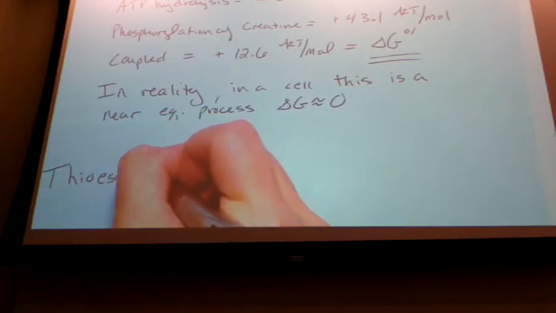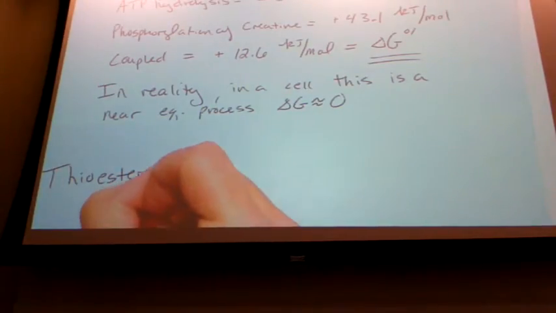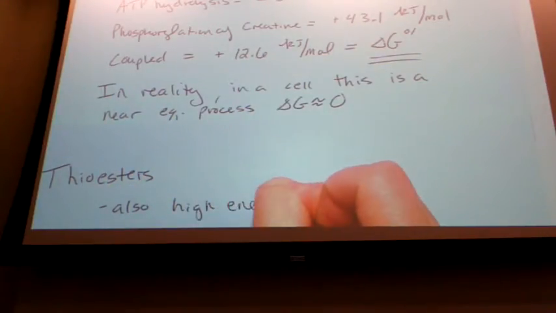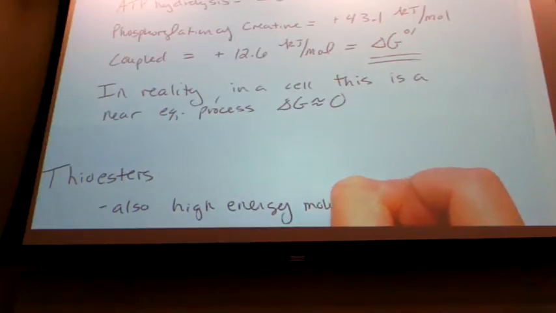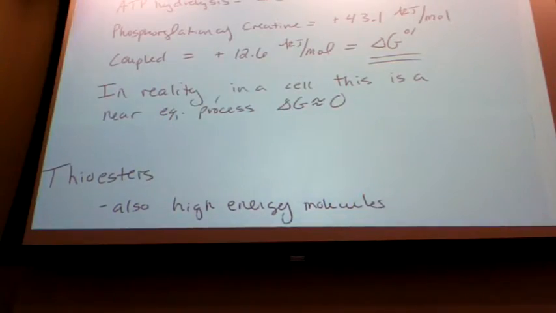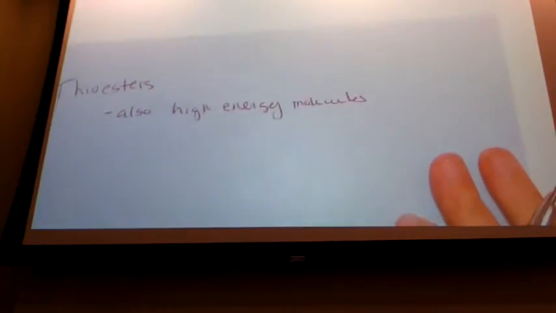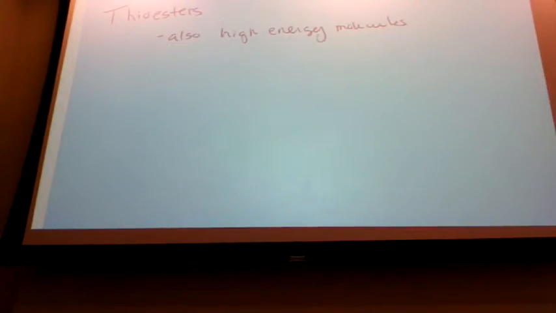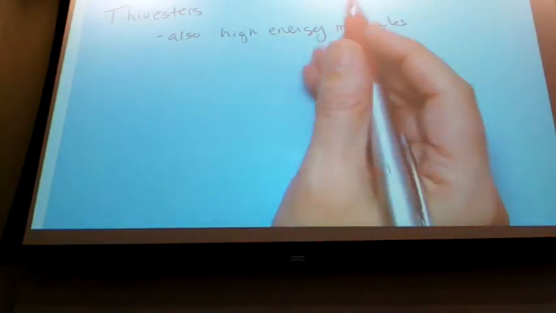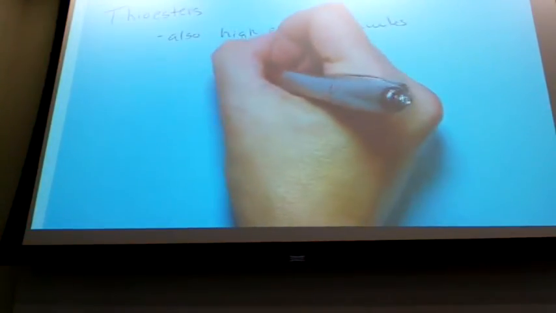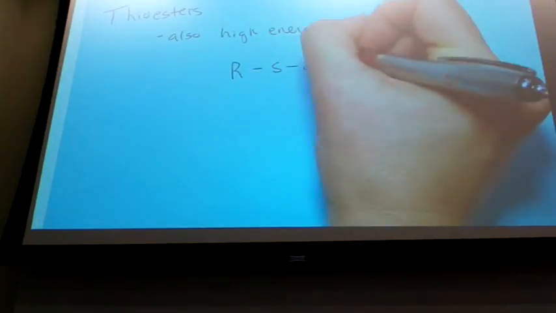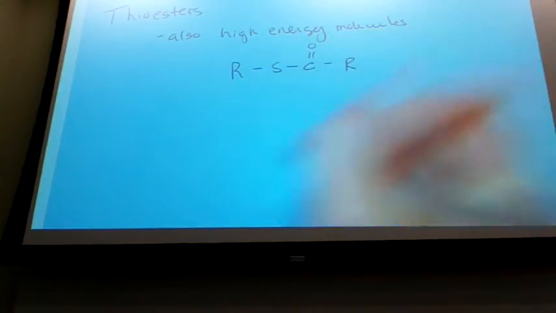Thioesters. These are also high energy molecules. So we see these as energy transfer molecules as well, and you can couple these to endergonic reactions. So with your thioester, you've got something that looks like that.